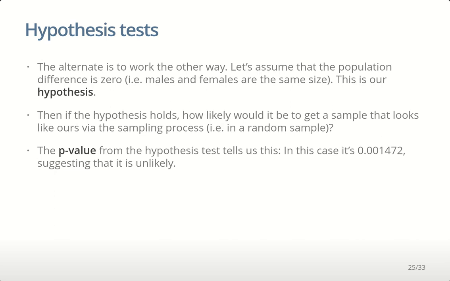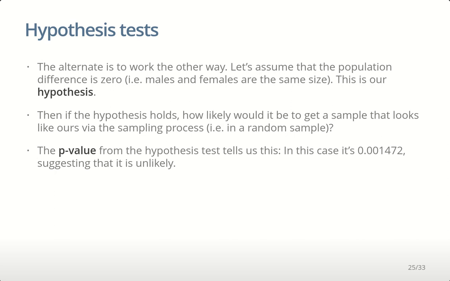We assume that there's no difference between male and female birds in the population, and then we imagine taking samples. If there was no difference in the population, then when we take samples, we'd expect to see no difference in our sample, or at least not a very big difference. Every now and then we'd see a difference, just by chance, just due to the sampling process.